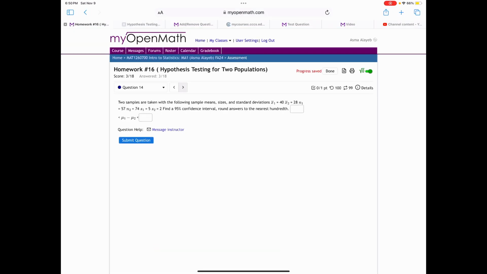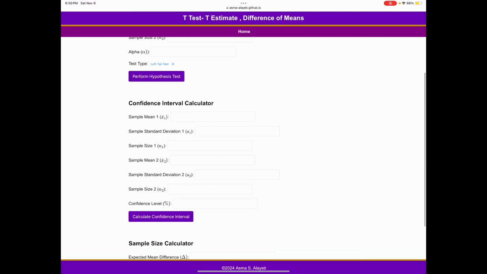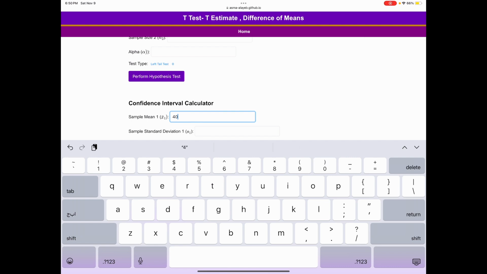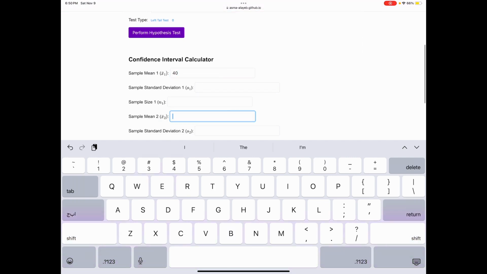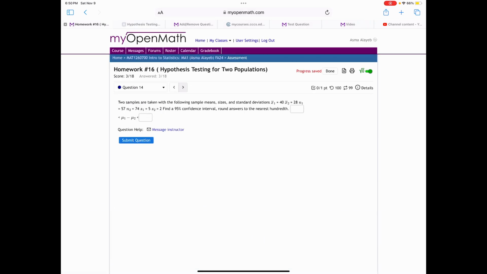I have x1 bar is 40, x2 bar is 28. And then I would need the sample standard deviation and the sample size. So the first sample size is 57 and the second one is 74.